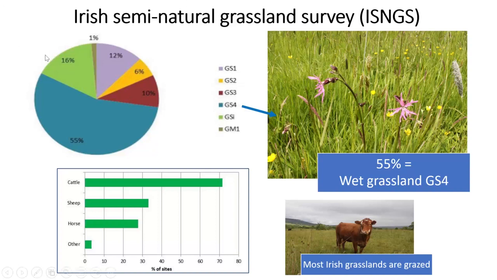Then we have GS1, which is calcareous grassland, GS2 hay meadow, GS3 acid grassland, and GM1 is your marsh, and that's only a small proportion of the Irish Grassland Survey. Most of the grasslands the surveyors visited were grazed, with cattle and sheep being the 2 dominant types of grazers.